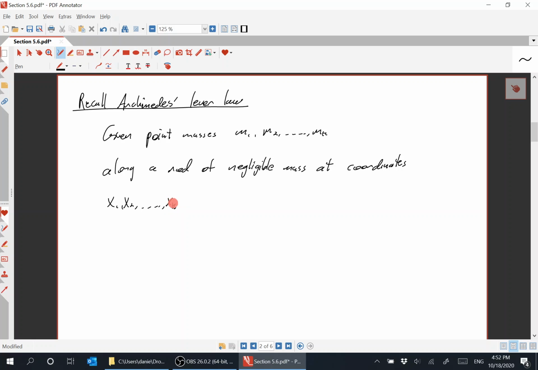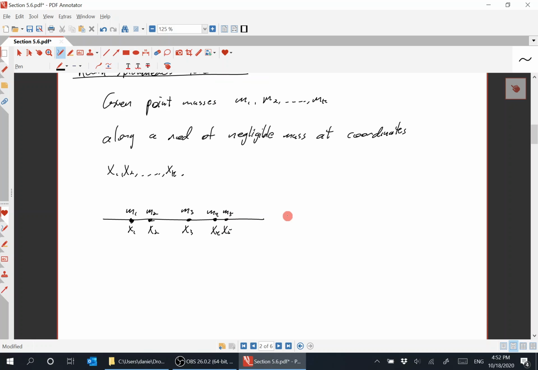That long, thin rod of negligible mass is coordinatized, so each mass is at an x coordinate. Something like this: x1, x2, x3, x4, x5, and here you've got mass 1, mass 2, mass 3, mass 4, mass 5.